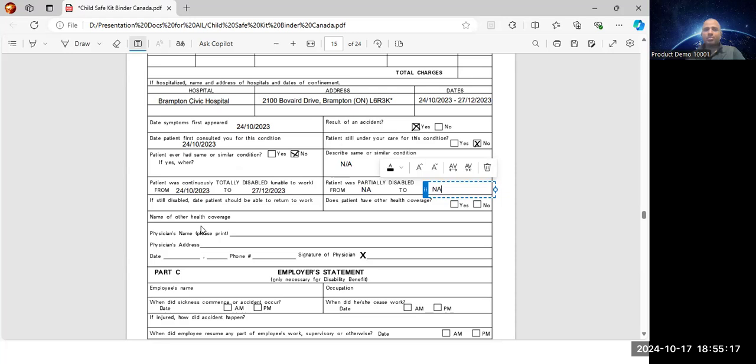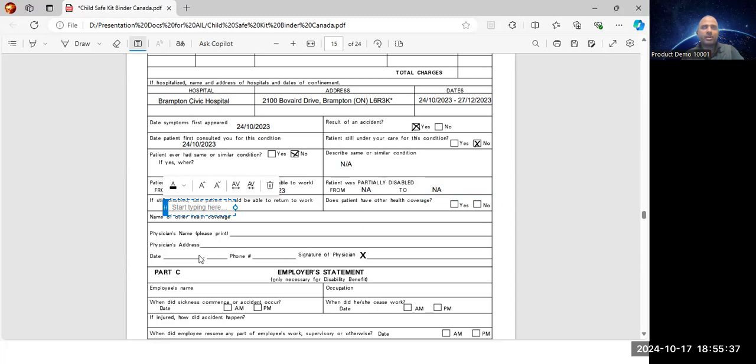If still disabled, the patient should be able to return to work. So let's say this person, okay, went back to work. Now, when they say disabled, it's possible that this person might be partially disabled.